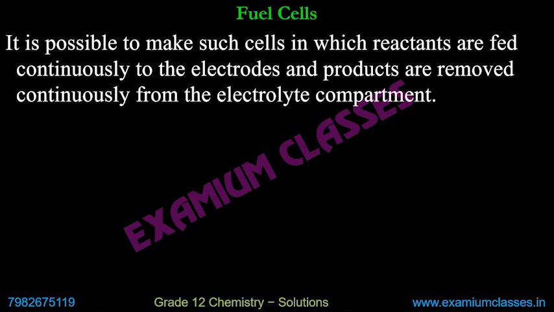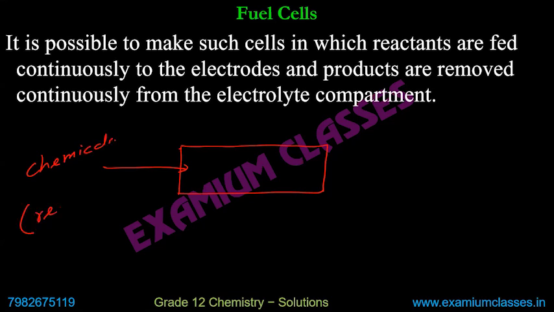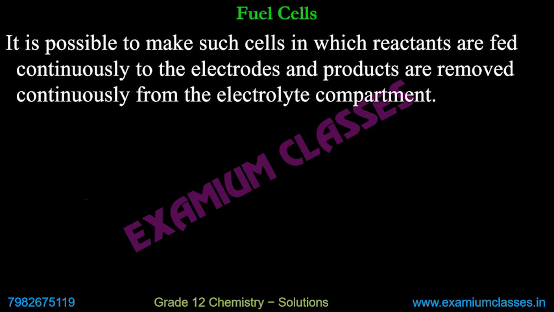But fuel cells are those in which we can continuously provide the chemicals, that is reagents, required to run the reaction. So we keep on providing the reactants and the reaction keeps on running. They can keep on running for years if we keep on providing the required chemicals.